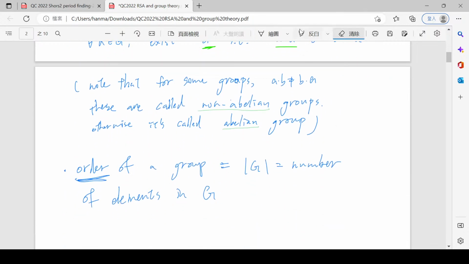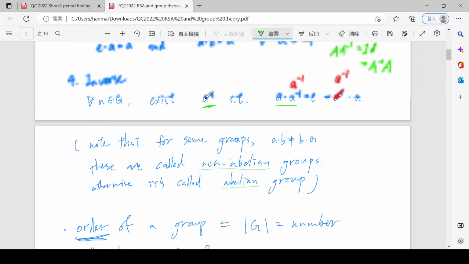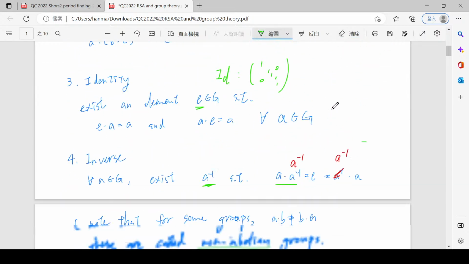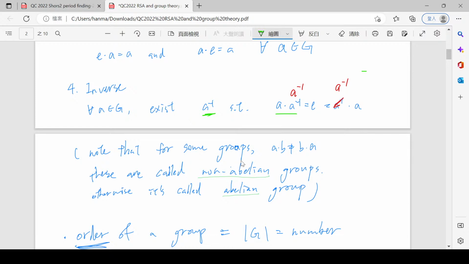Here we write it once again, such that for general groups, multiplication is not necessarily commutative. This is the difference between, say, integer multiplication or matrix multiplication.